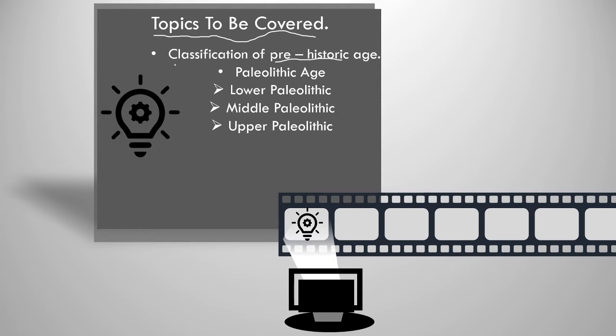Next is Paleolithic age, which we're going to discuss in this episode of Historica. In Paleolithic age we have three other periods, that is lower, middle and upper. Okay? We're going to have a look at all of these. So let's get started with classification of prehistoric age.